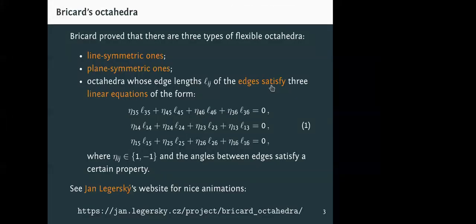So we have another instance of a flexible object, in this case, where the sum along a cycle of edge lengths is 0.